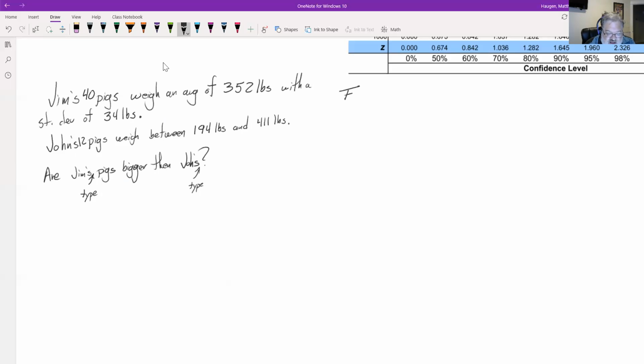So I want to find a 70% confidence interval for both Jim's and John's types of pigs, in terms of weight.